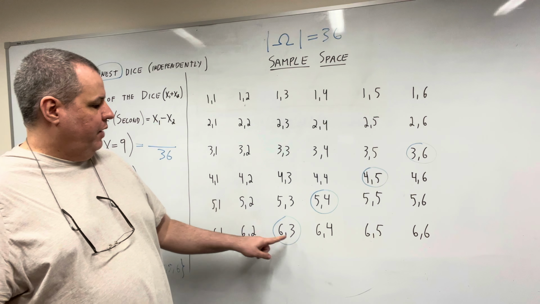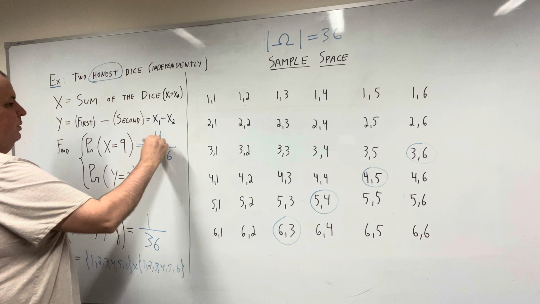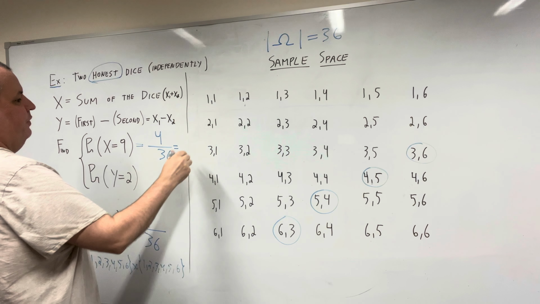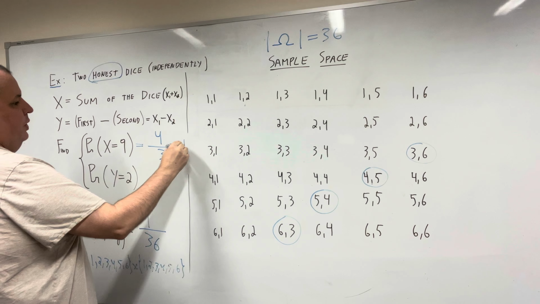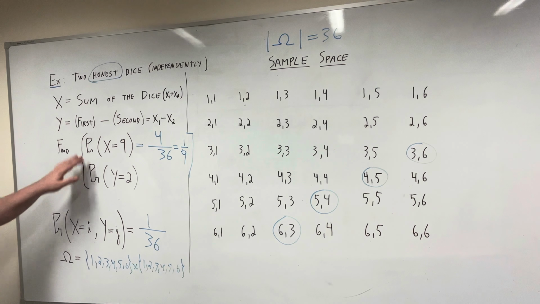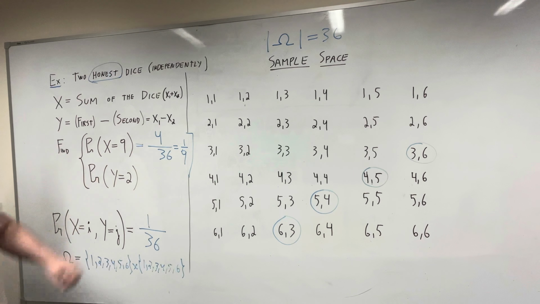So all in all, I have 1, 2, 3, 4 possibilities. So that's my solution, or if I simplify this, it's 1/9. Okay? So the probability that the sum is equal to 9 is 1/9.